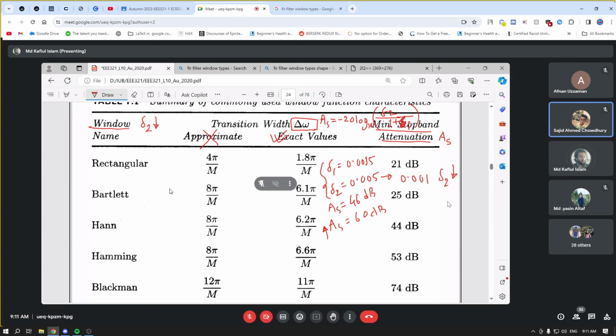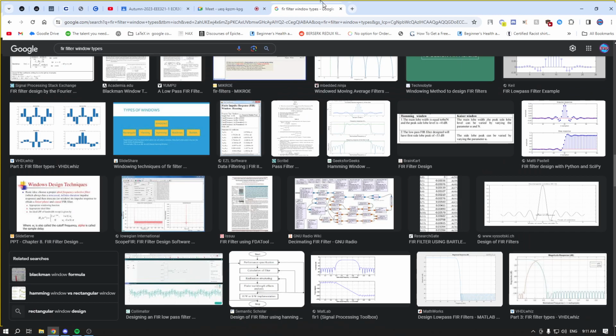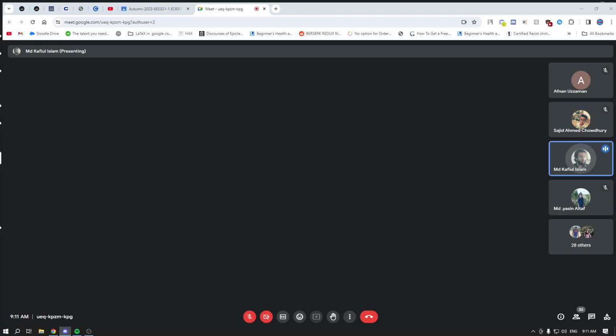It increases. That means which AS will be better, higher AS or lower AS? Higher AS is desired, because lower delta 2 is desired, right? So we understand that we look for higher AS for better performance, as far as the stop band attenuation is concerned.